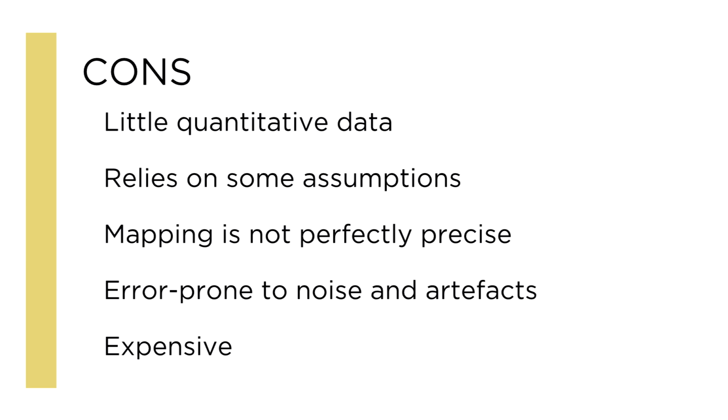The mapping method is still relatively ambiguous, where the exact termination points of connections are difficult to determine. MRT measurements are indirect. MRT can be error-prone as well and inaccurate due to noise from MRI, and recorded data can be compromised by pulsation artifacts. And lastly, MRI technology is also expensive.